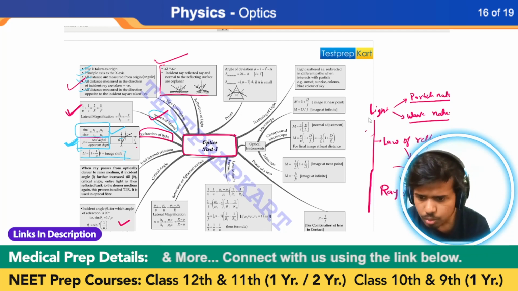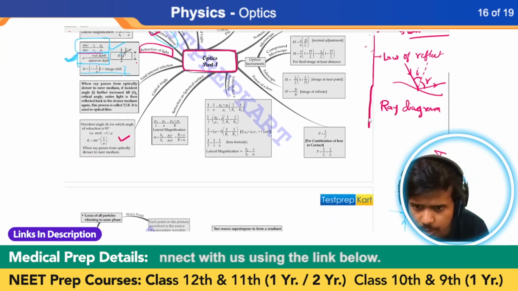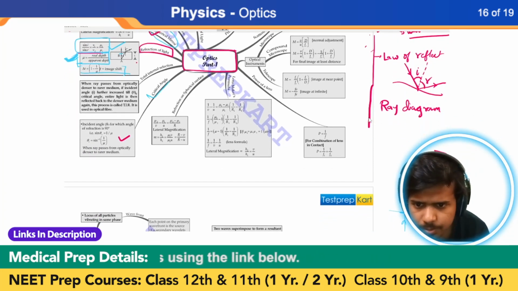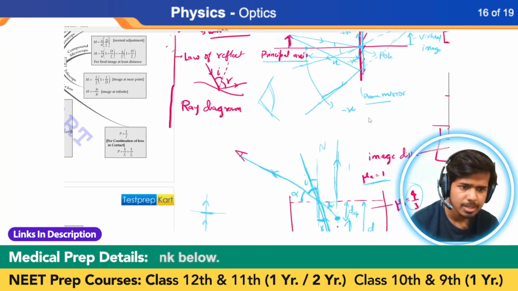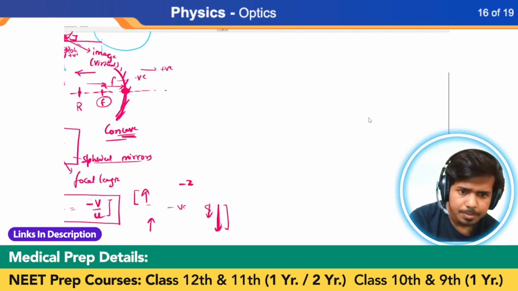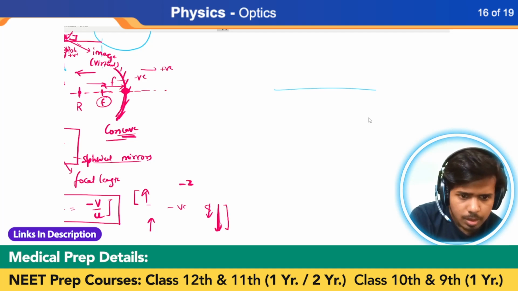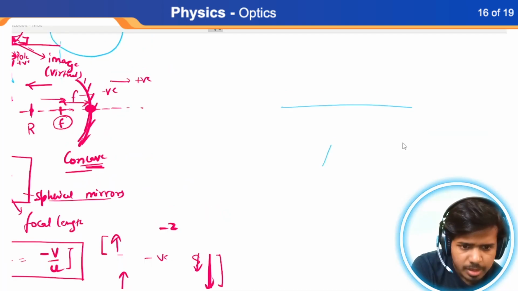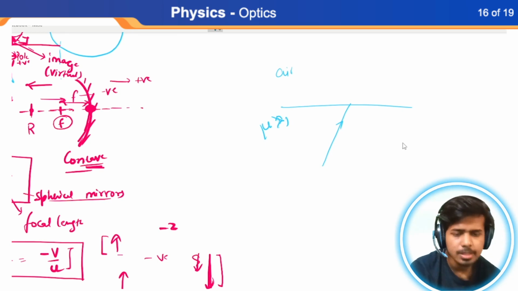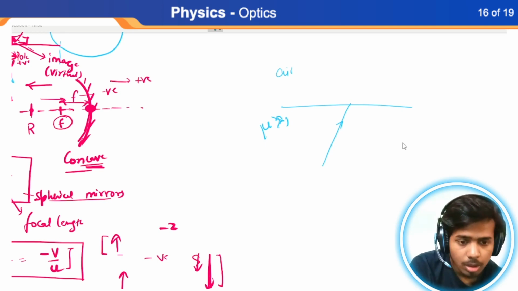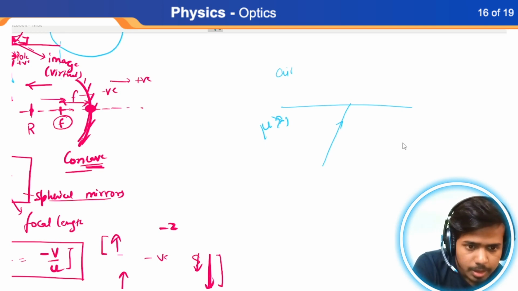Now coming to critical angle. Okay, let's take this case. If light is coming in this direction and this is a denser medium, mu is higher than 1, and this is air having refractive index 1, then light is going to bend outwards, right?